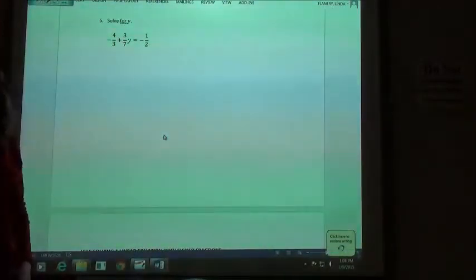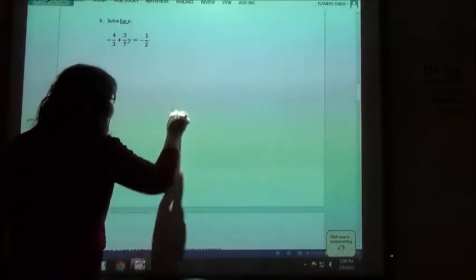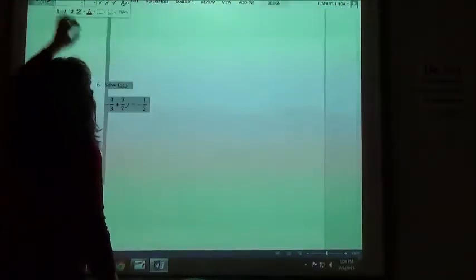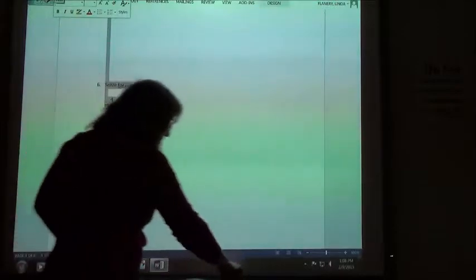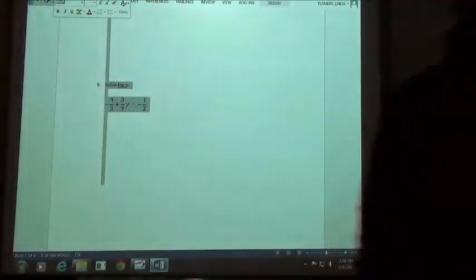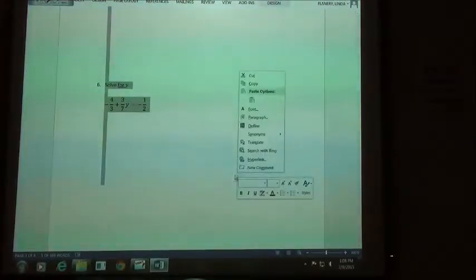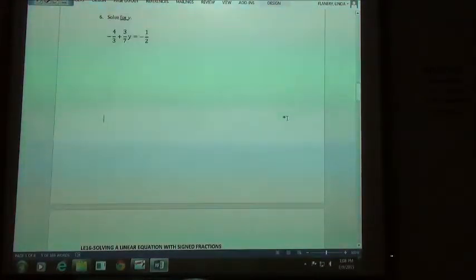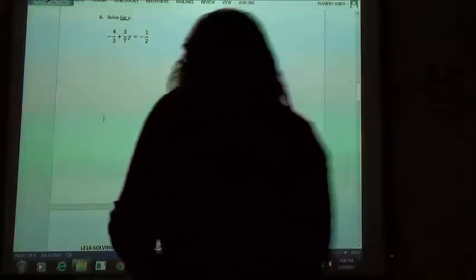Oh, and then it decides not to write. Oh no! Where'd that go? Darn board. See if I can get the marker right again.